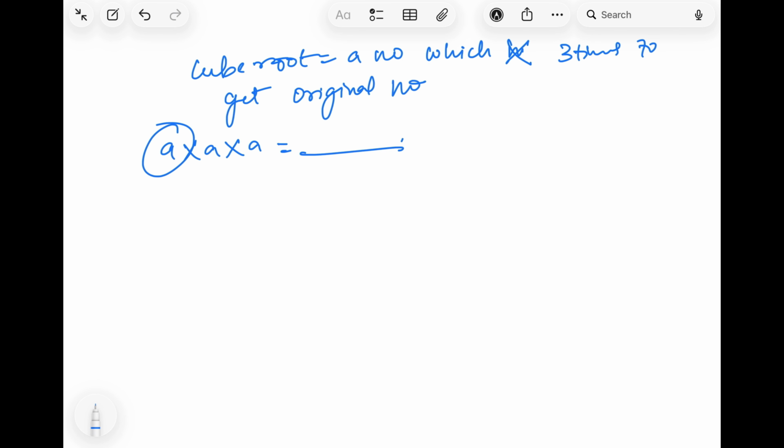So this a will be the cube root of this number. So suppose cube root of 27. Now you will find out which number, multiplied 3 times, gives 27. So very simple. 3 into 3 into 3. 3 is multiplied 3 times to get 27. So the cube root of 27 is 3. So here cube root is a number which we multiply 3 times to get the original number.